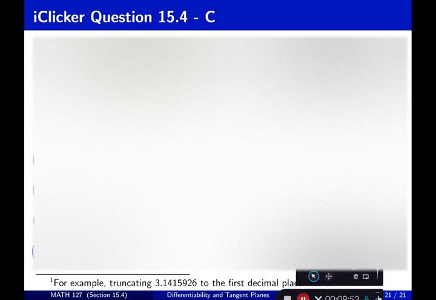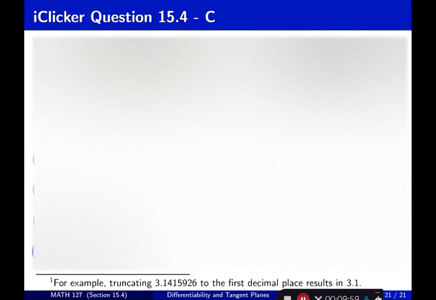Let's stop the video and think about it and come back. And remember, for example, truncating 3.14159626 to the first decimal place results in 3.1.